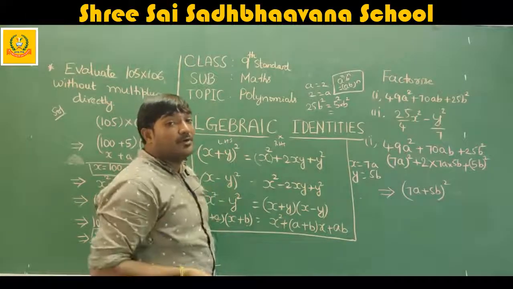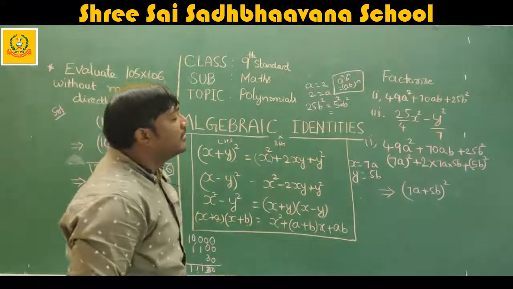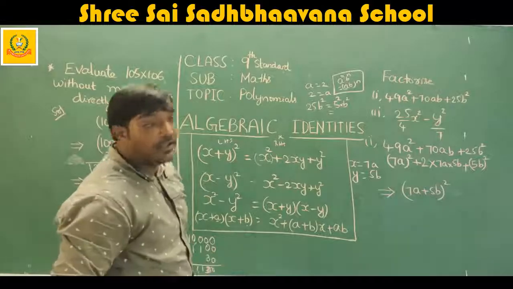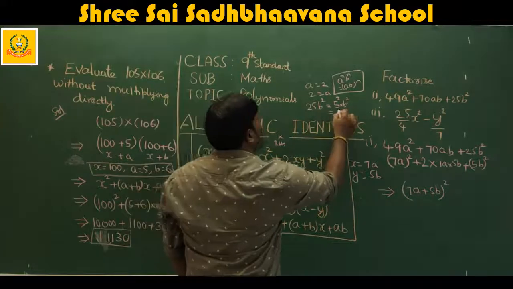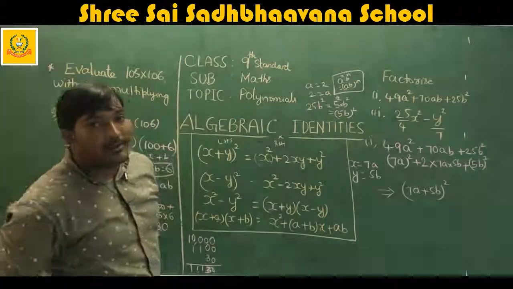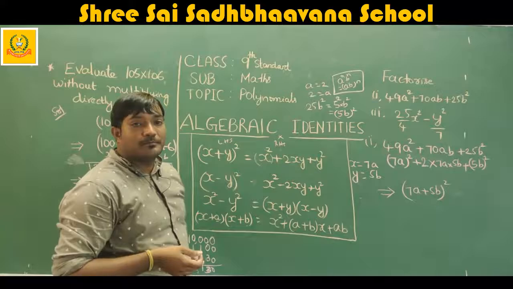So can't you write it as 5 square into b square, as 5b whole square? Because the power is the same. Similarly, I wrote for 7a square also.